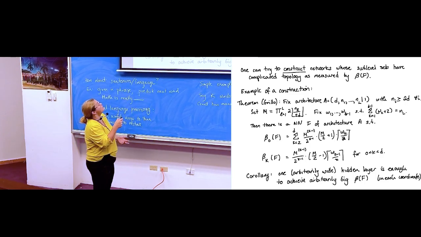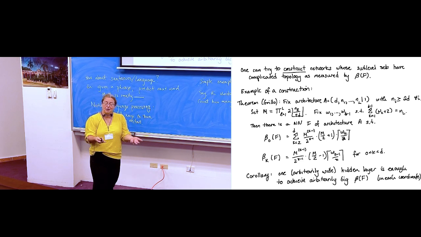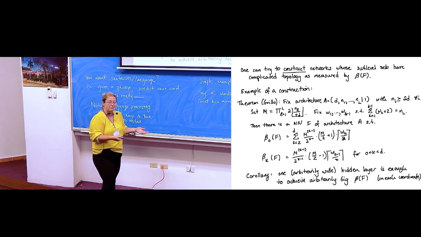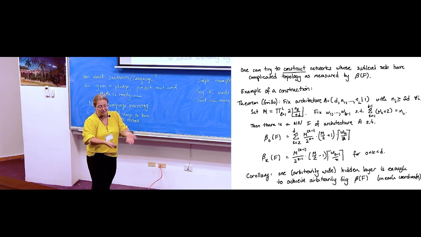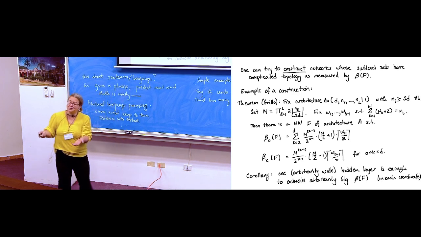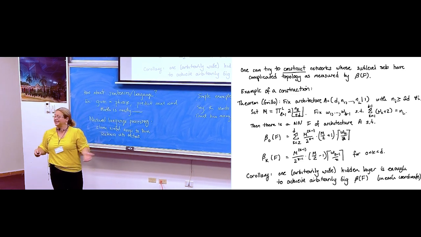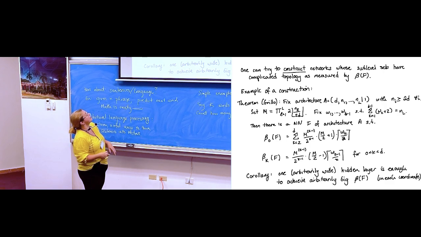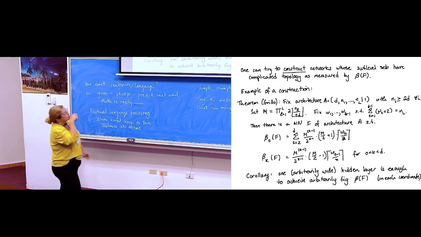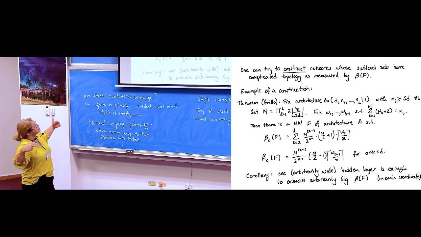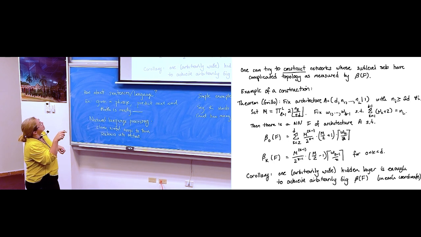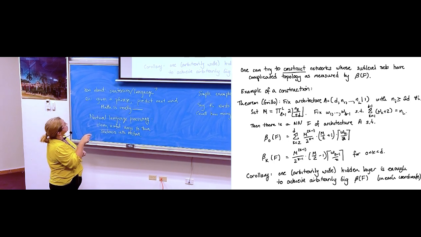One way is you can try to construct examples of functions that have really complicated sublevel sets with really complicated topologies, to argue that complexity can be high. Of course, the other way is to try to argue that there are upper bounds on the topological complexity. And in this paper, which I think is really cool, he does both, goes at it from both directions. So I'll start with the construction.